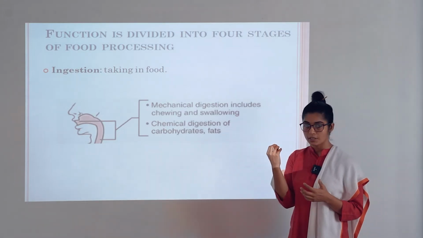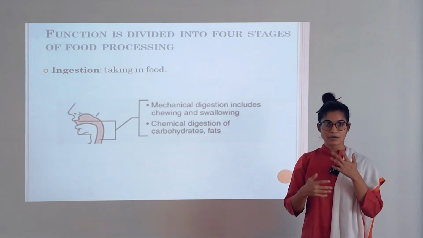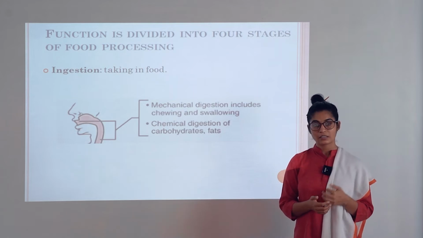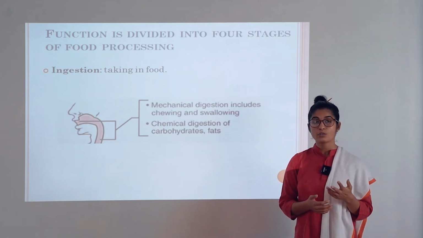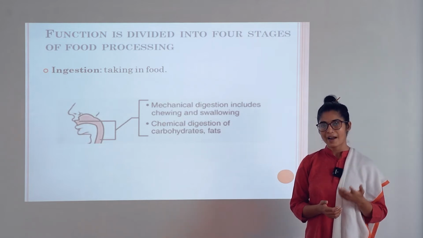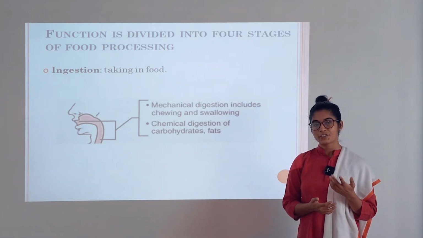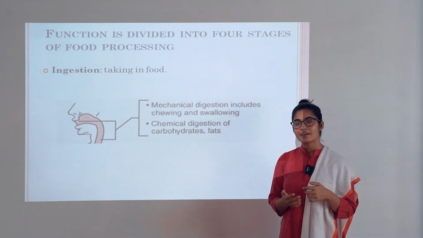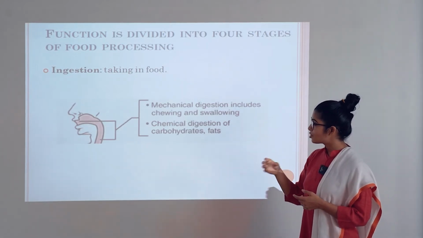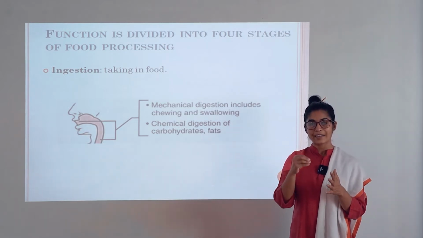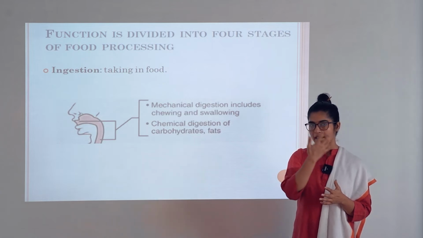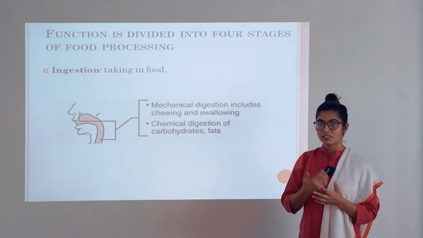There are different parts which play an important role in ingestion, like the teeth, tongue, mouth, and saliva, with enzymes like amylase, which is helpful for the chemical digestion of carbohydrate. The function of the teeth is biting and cutting the food, and the mouth moves it inside with the help of the tongue.